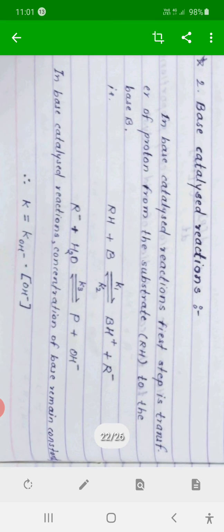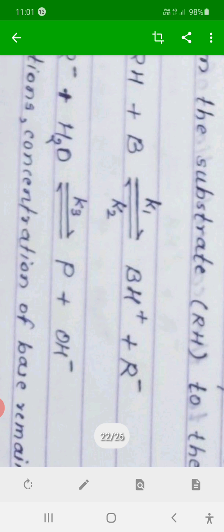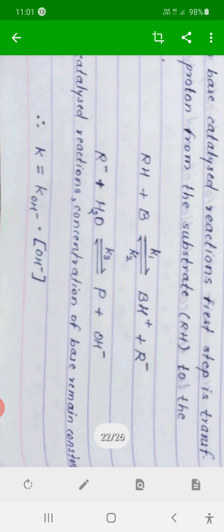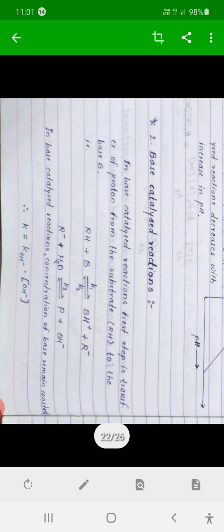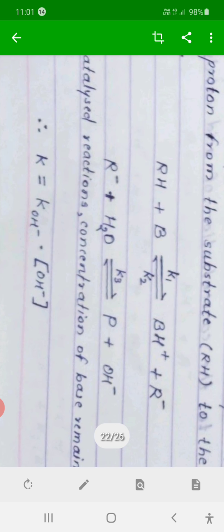Apply steady state approximation, then find the equation for concentration of BH, then by substituting concentration of BH in the rate of reaction equation, the rate of product formation equation, and applying all that procedure, we get the equation for base catalyzed reactions.